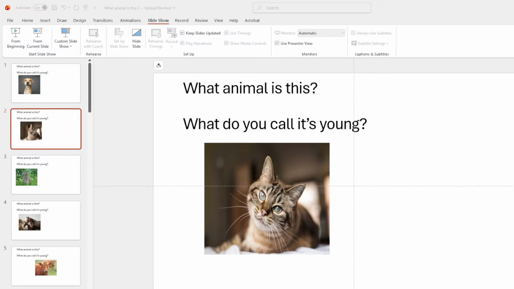As you can see on your screen, you need to name the animal and also tell us what the young one of the animal is called. You look at the animal on the screen. If you know its name, that's all right. You type in the name. If you also know what the young one of that animal is called, you also tell us in the chat.